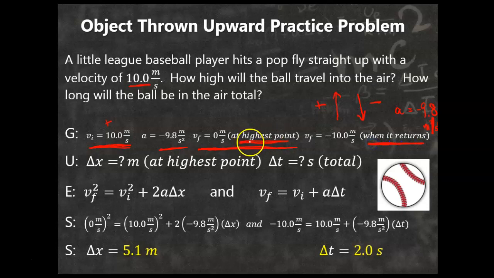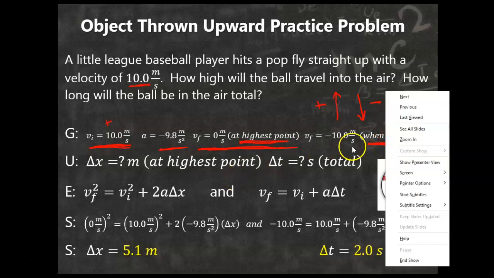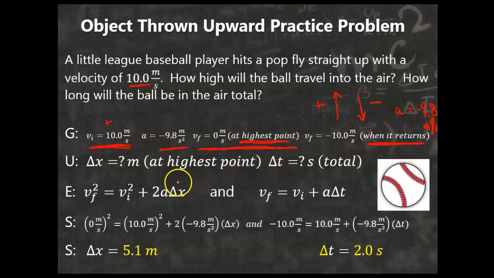We could do our analysis to the highest point, or we could do our analysis to when the ball returns to the ground. Okay, so it's asking us how high will the ball travel? Well, that is the highest point. So we want to know our distance to the highest point, and then we also want to know time total.